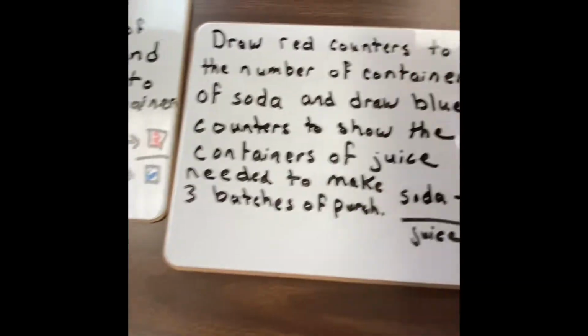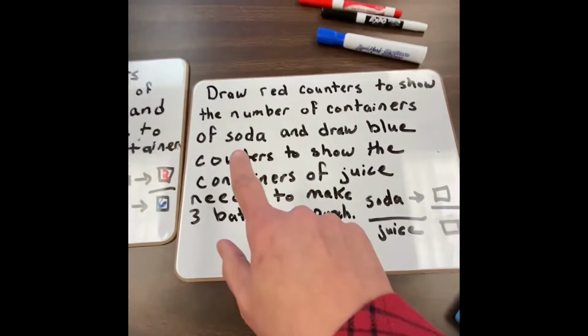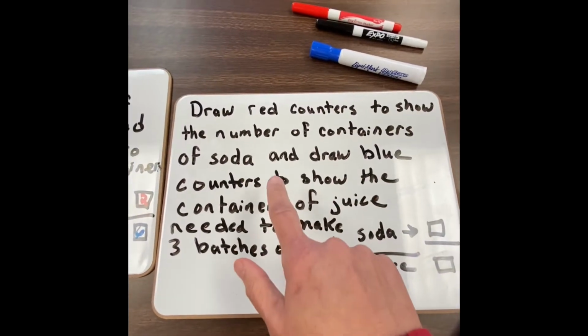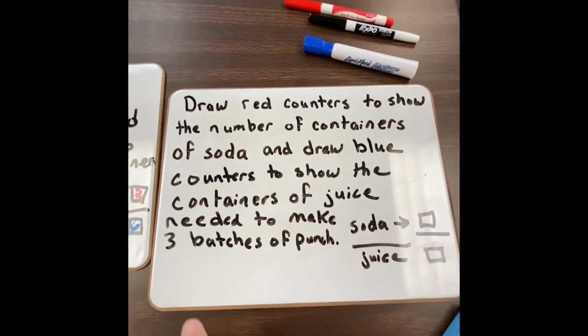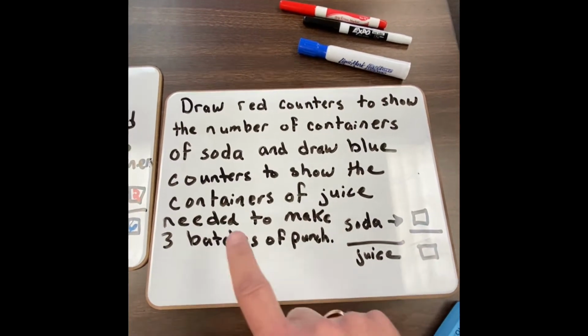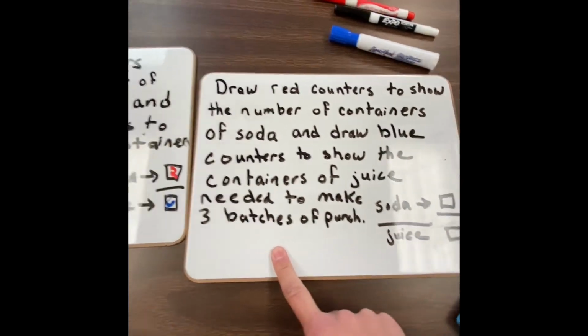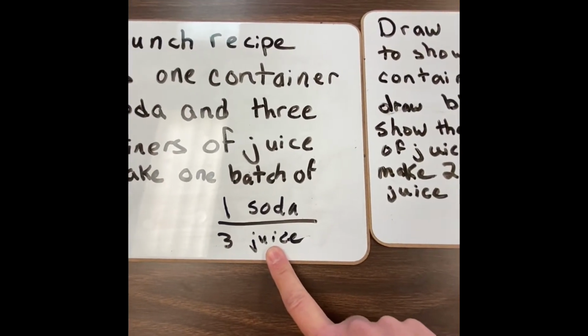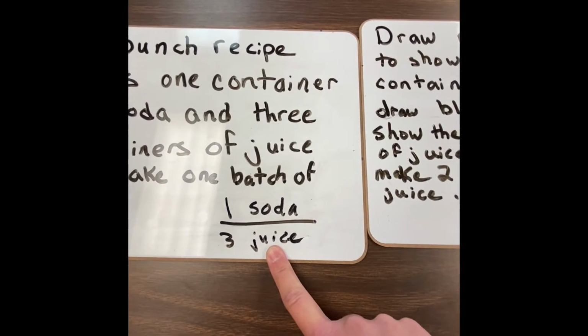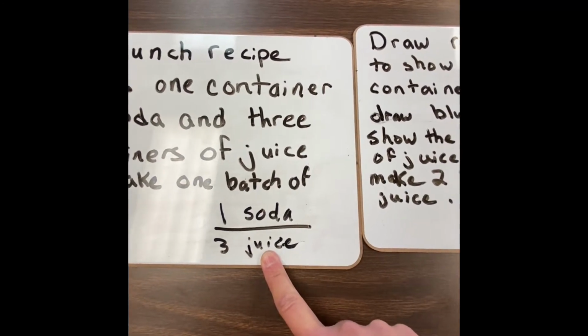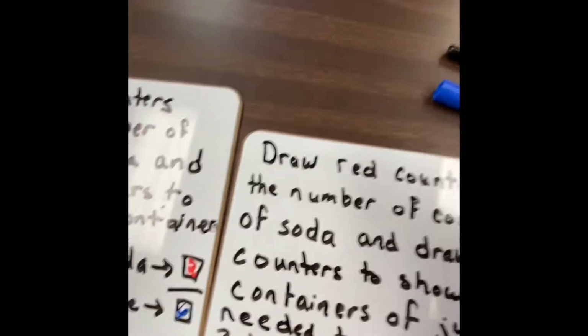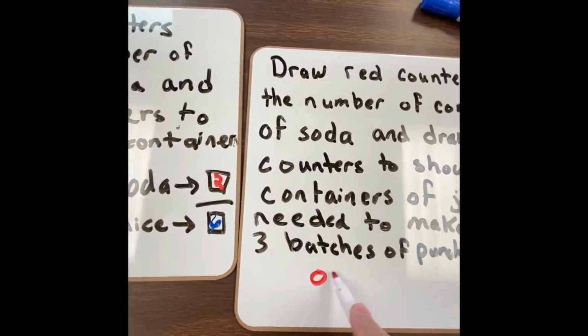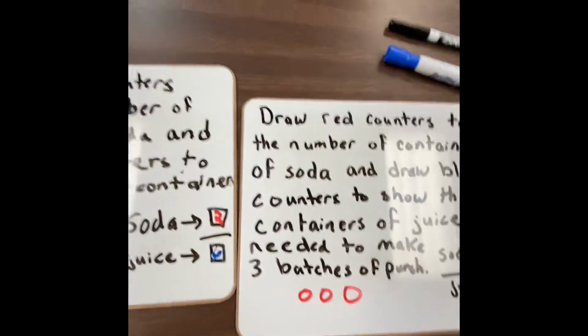So let's just keep going. Now let's look here. It says draw red counters to show the number of containers of soda and draw blue counters to show the number of containers of juice needed to make 3 batches now. Well, let's go back over here. For 1 batch, we needed 1 thing of soda. So we're going to have 3, aren't we? So we're going to have to use 3. 1, 2, 3, right?